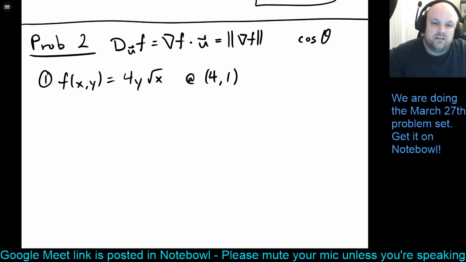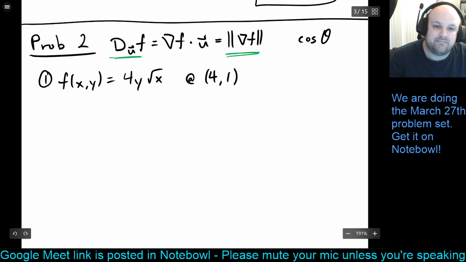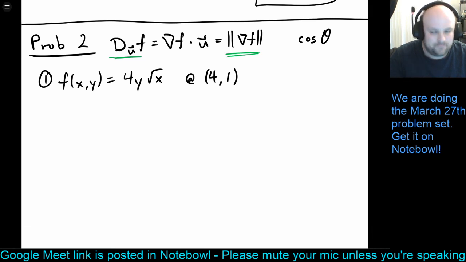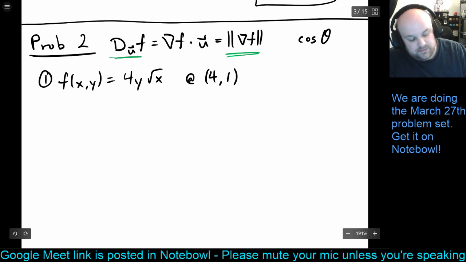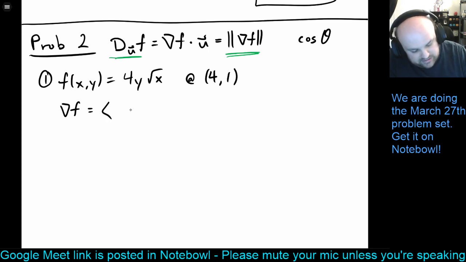Right? So to find the maximum rate of change, well, what it comes down to, if we look at this formula up here, it's just the magnitude of the gradient, and that's it. Right? So let's see here. So we need the gradient of f. Right? So when we differentiate this, we're going to get 2y over square root of x.